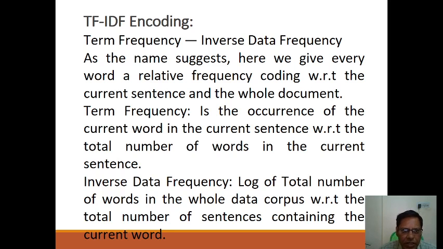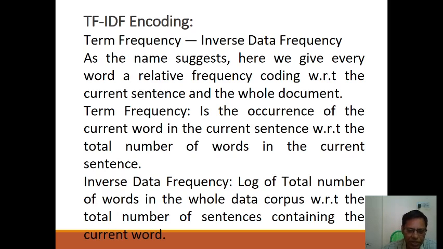The third one is term frequency and inverse document frequency. As the name suggests, here we give every word a relative frequency coding with respect to the current sentence and the whole document. Term frequency is the number of occurrences of the current word in the current sentence divided by the total number of words in the current sentence.